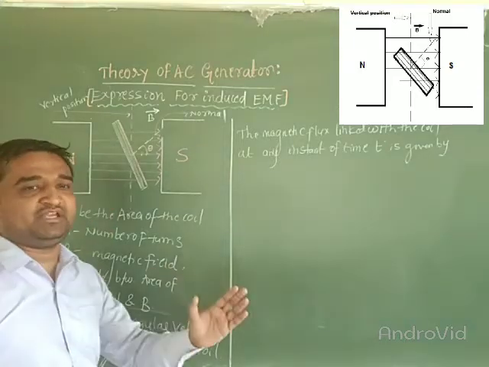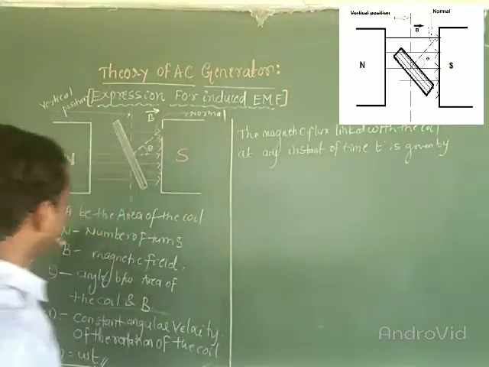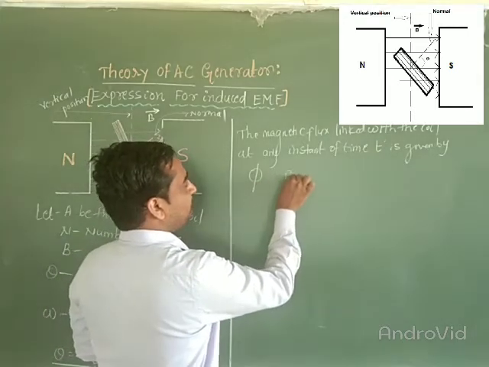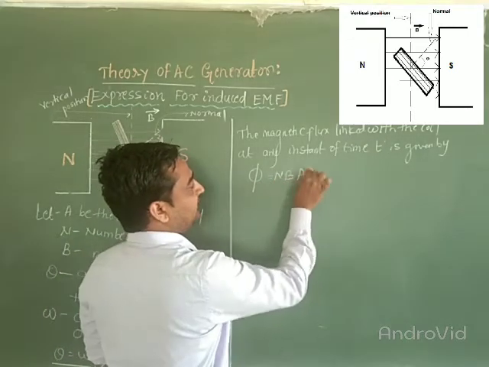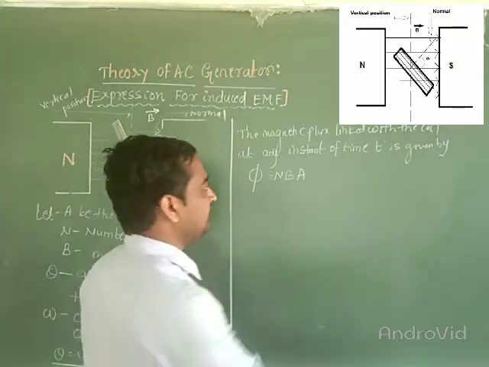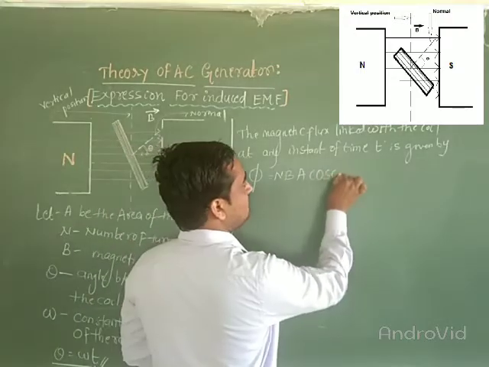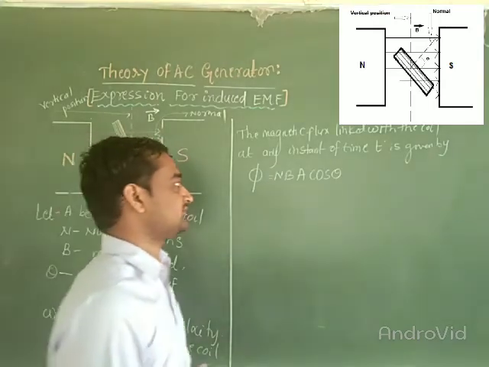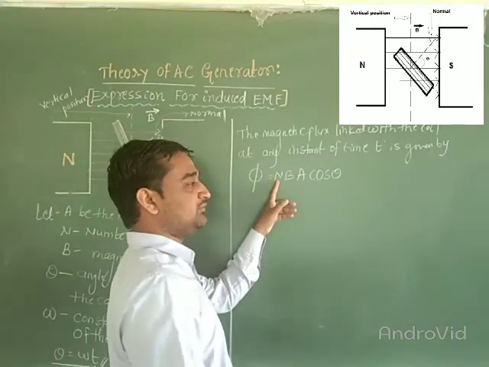So phi is equal to B into A, that is the definition. N is the number of turns used in the coil. Therefore phi is equal to N into B into A, and again cos theta. BA cos theta is our definition of magnetic flux, but that is for one turn.